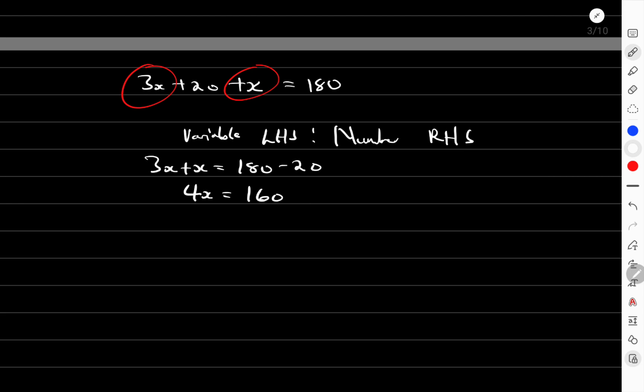Now, 4 and x are multiplying. What is the inverse operation of multiplication? It is division. Therefore I'm going to divide both sides by 4. Whatever I do on the left, I should also do on the right hand side. I'm going to have x equals 160 over 4. 4 and 4, I'll be left with 1x. And what is 160 divided by 4? It is 40 degrees. It means x is equal to 40 degrees.